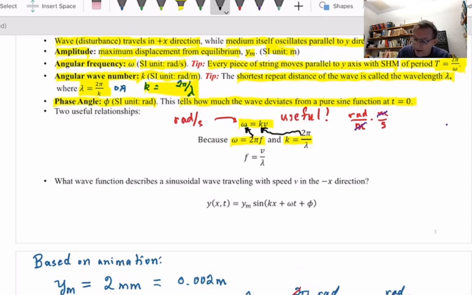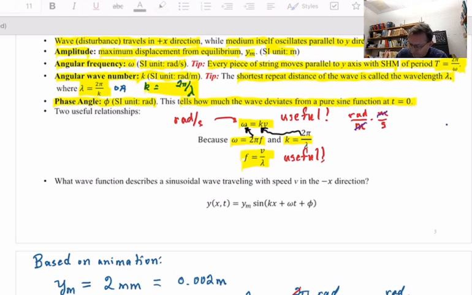When you simplify, you get this simple formula that's also very useful for a traveling wave. The frequency of the wave, f, equals the speed of the wave over the wavelength.